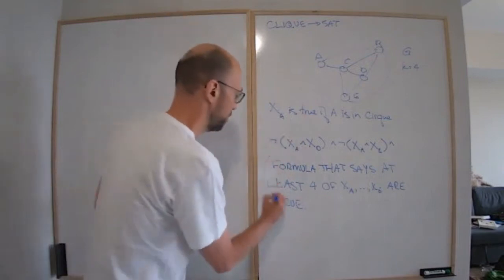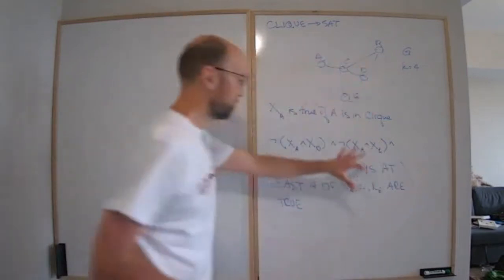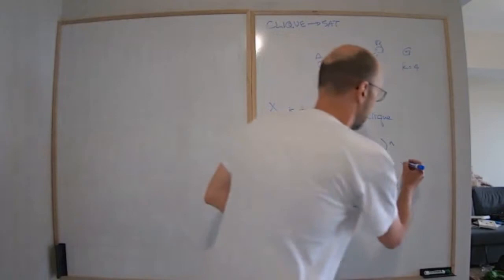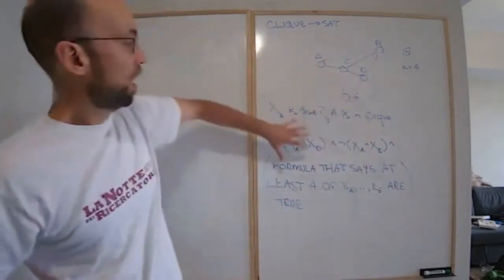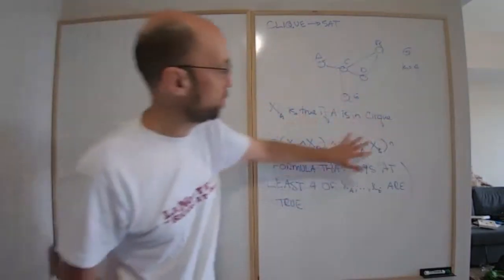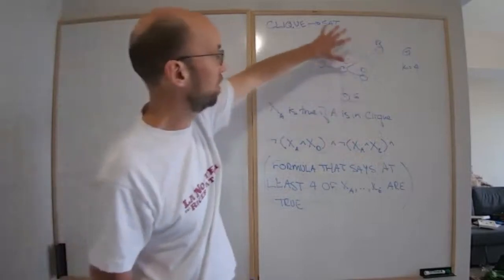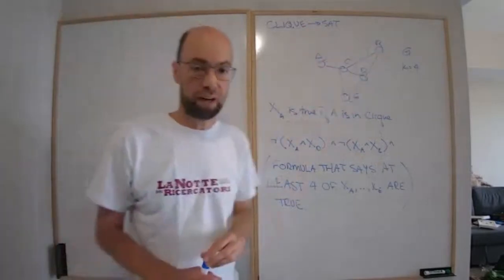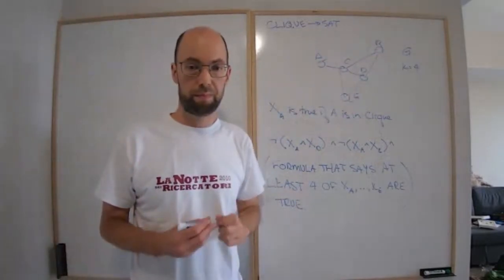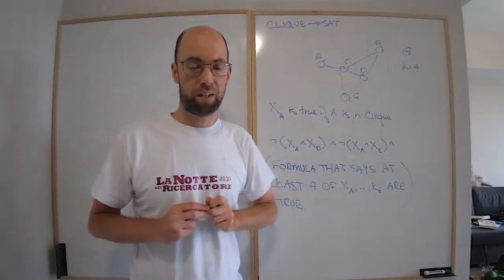So if I could write this as a formula, then I would have a formula such that the formula is satisfiable if and only if there's a clique of size 4 in the graph. Okay?